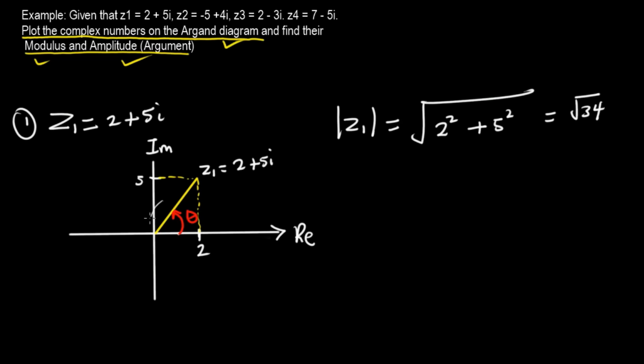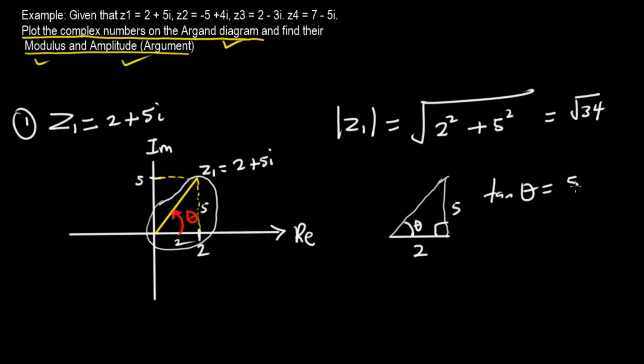So let me bring out this triangle. I have this. So it's a right angle triangle. This is angle 90. This is theta. And if you check, this side equal to 5 and the adjacent equal to 2. So adjacent is 2 and the opposite is 5. So if I have to find the angle of theta from our trigonometric identity, we have that tan theta equal to opposite, which is 5, over adjacent, which is 2.